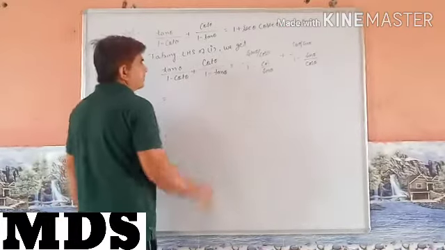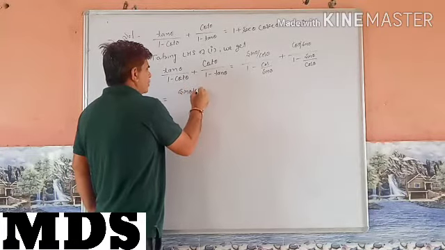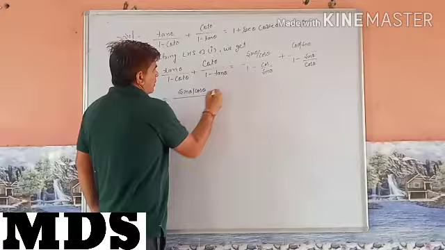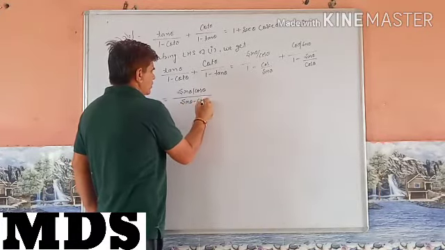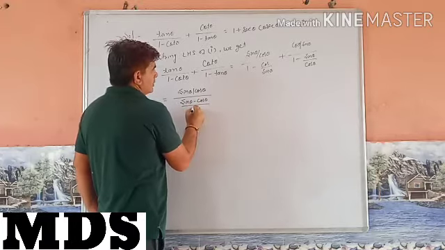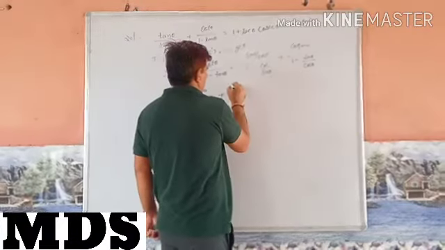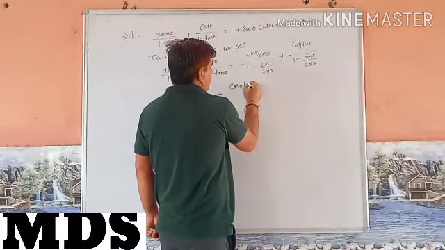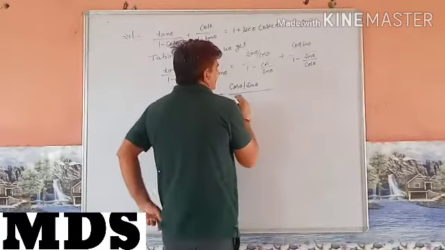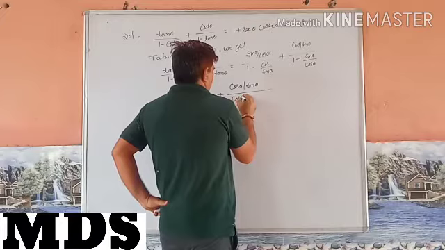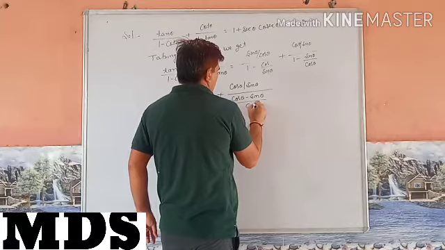Next step, after this, sin theta by cos theta, LCM taken sin theta, so this is coming sin theta minus cos theta by sin theta, plus cos of theta by sin of theta divided by cos theta minus sin theta divided by cos theta.